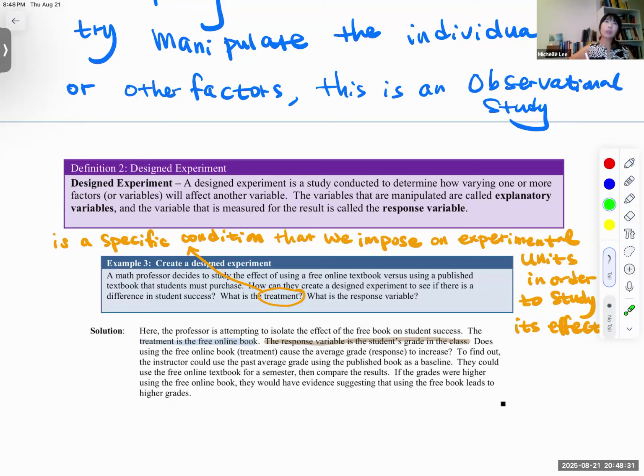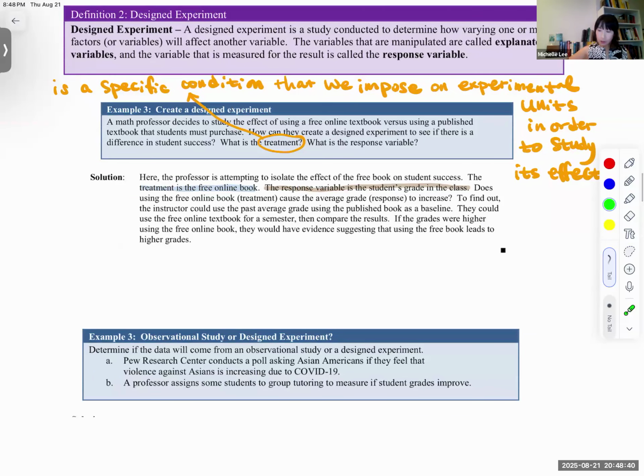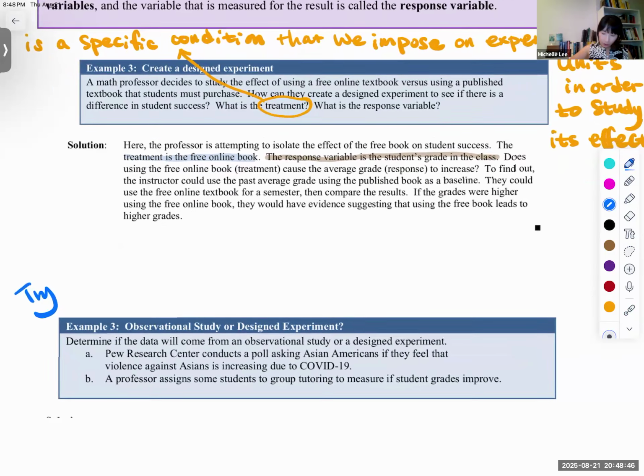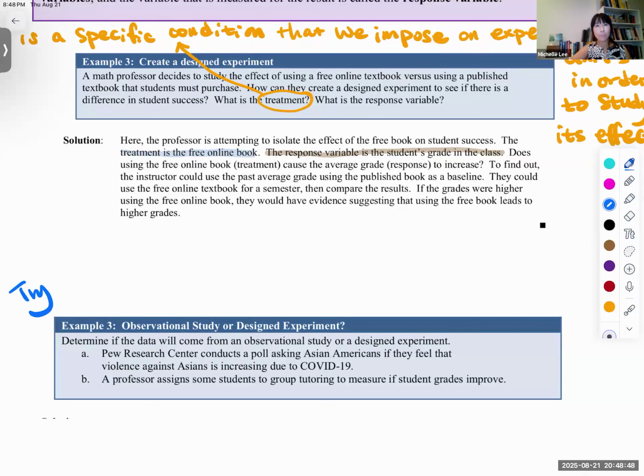Let's answer whether the next examples are observational studies or designed experiments. All right. So let's take a look. Can you please try? So the first one and the second one. All right. So the first one: the Pew Research Center conducts a poll asking Asian Americans if they feel that violence against Asians is increasing due to COVID-19.